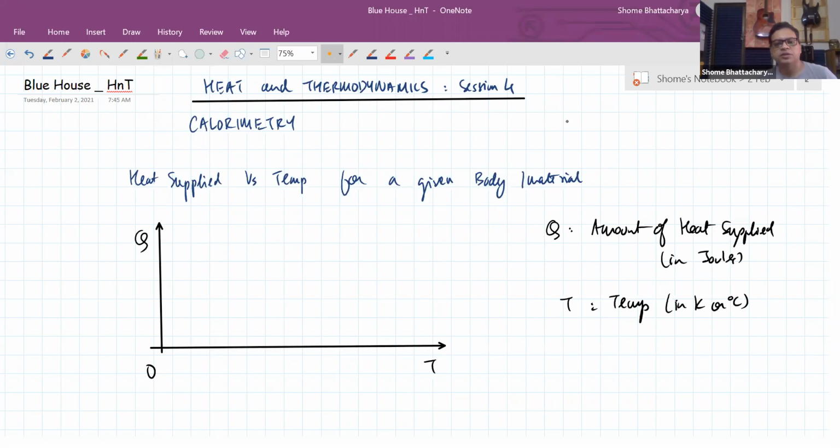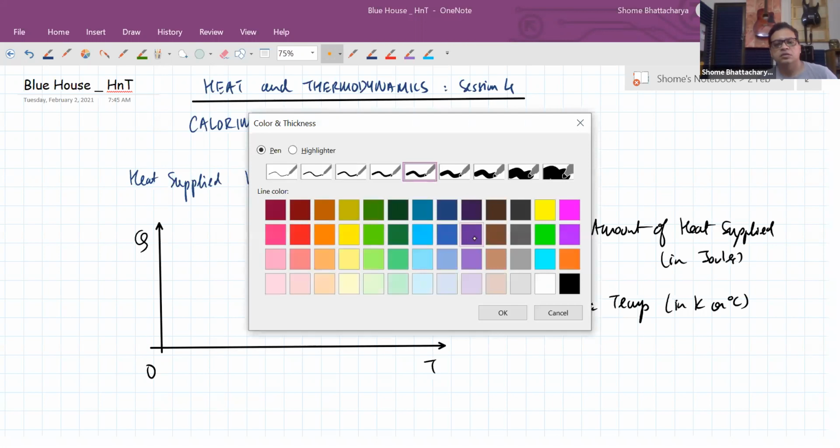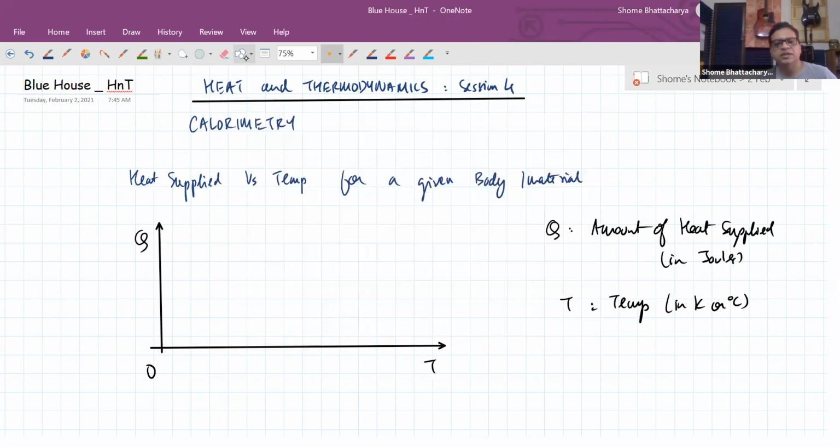Yes, the principle of calorimetry has to do with that. That's correct, Piyush. So the relationship between heat and temperature for a given material is linear.